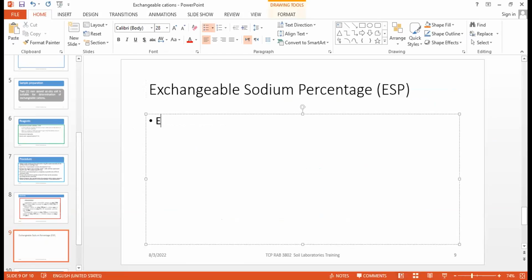This ESP equals exchangeable sodium concentration, of course, divided by CEC, and then multiplied by 100.